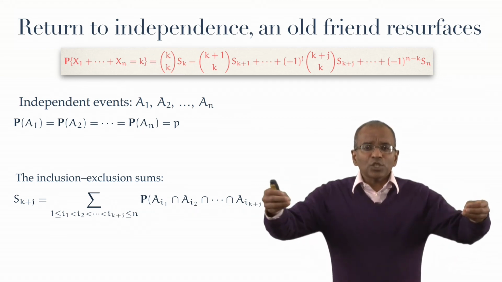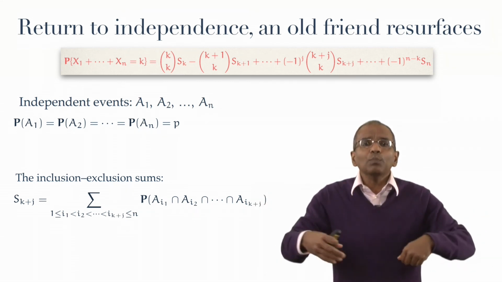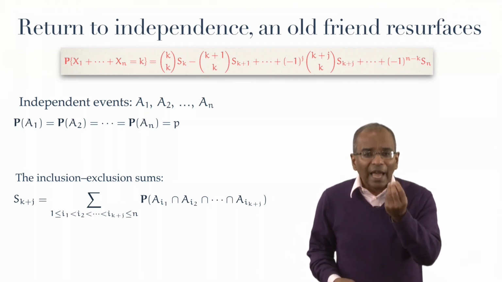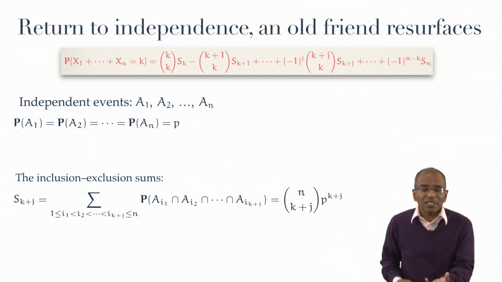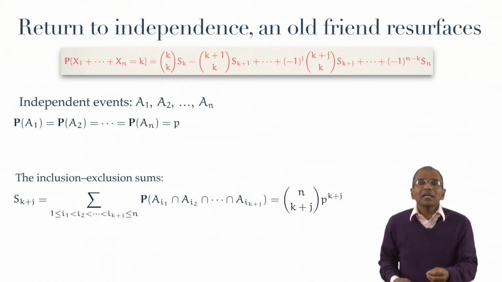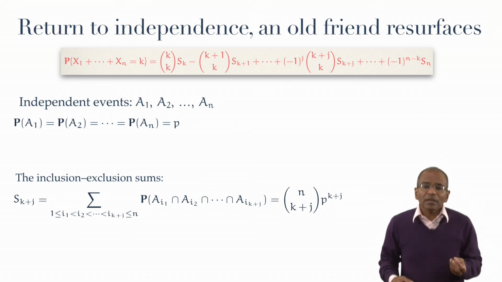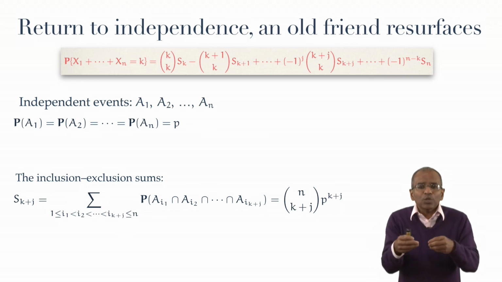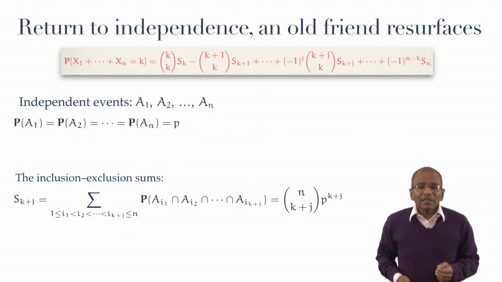Well, we have n events to start with, and we're selecting all possibilities for k plus j. In other words, there are exactly n choose k plus j terms in the sum, and each of the summands contributes exactly p to the power k plus j. And there you go. In the case when things are independent, the inclusion-exclusion sums simplify magically, beautifully. The proper vantage point frequently adds a magical clarity to an otherwise dim and murky business.